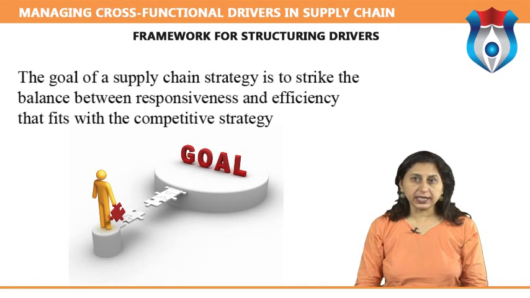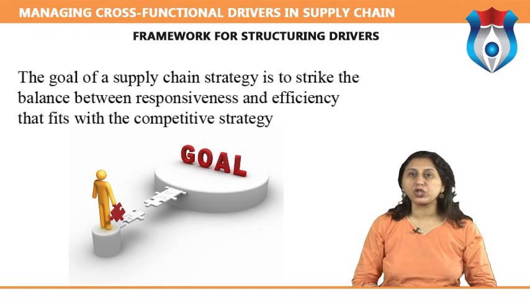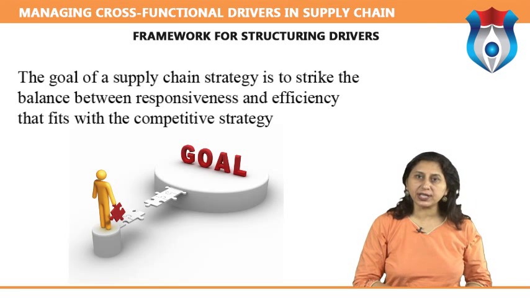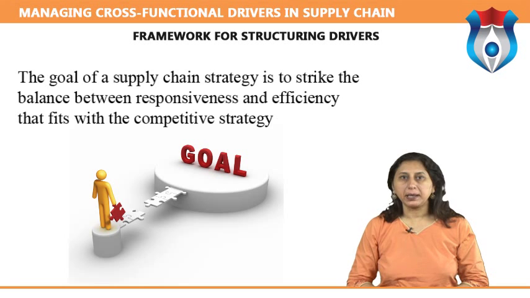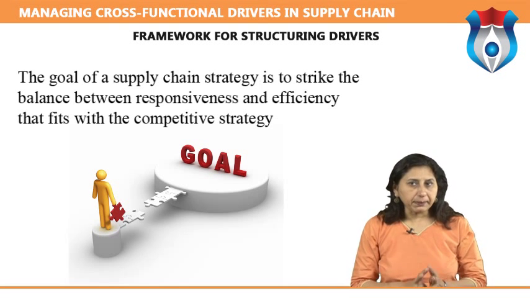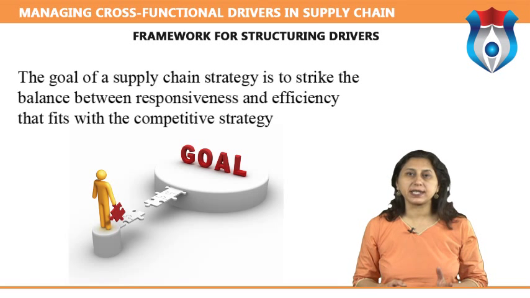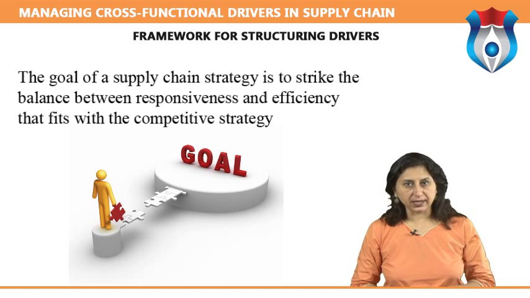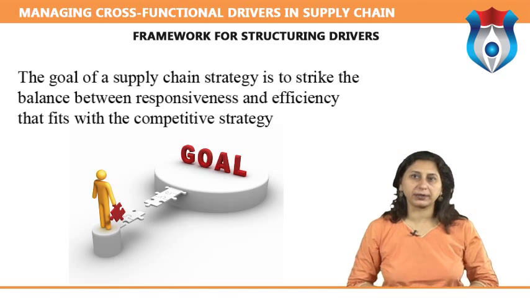For each of the individual drivers, supply chain managers must make a trade-off between efficiency and responsiveness based on interaction with the other drivers. The combined impact of these drivers then determines the responsiveness and the profits of the entire supply chain.